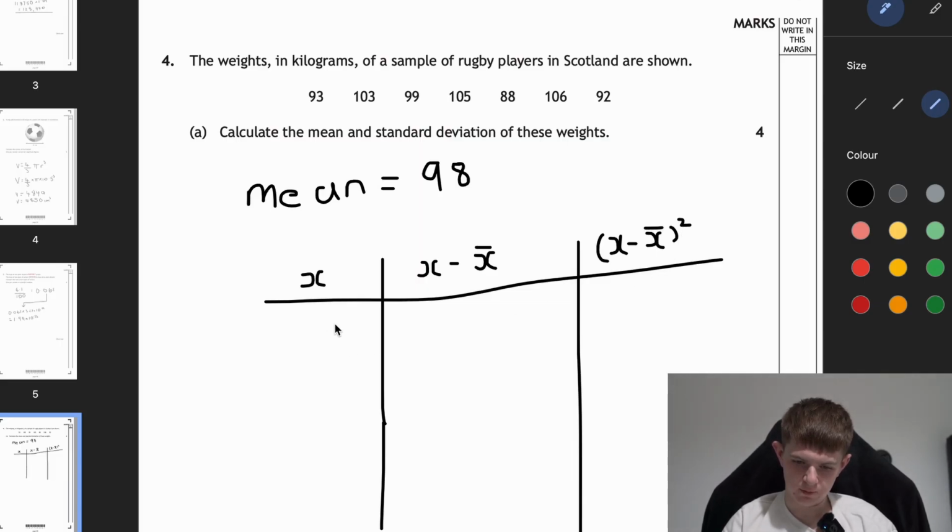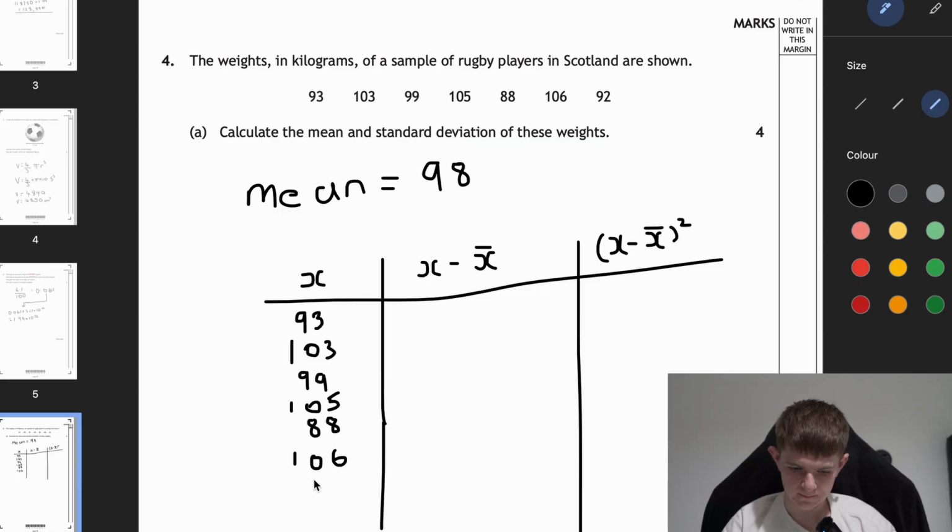So in here, I'm going to write all our numbers out. So 93, 103, 99, 105, 88, 106, and 92.